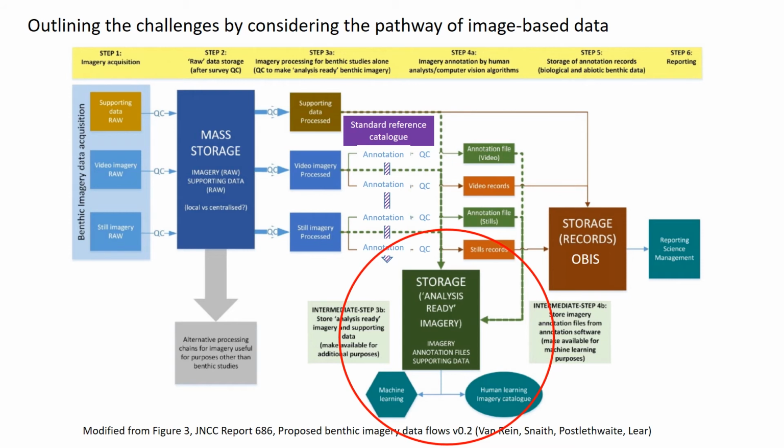So pre-analyzed data, pre-annotated data is a really great way of training new people coming into this area in how to identify taxa. But these data that are pre-annotated are also extremely useful in training machines, and we'll hear more about that during the course of the meeting.